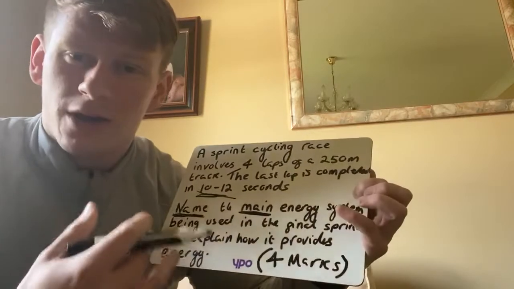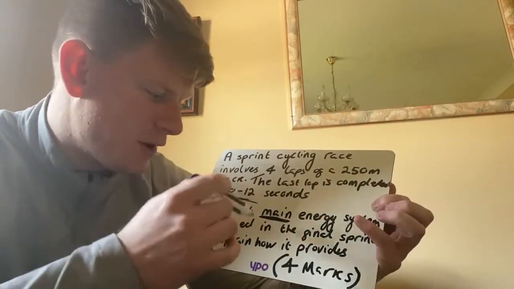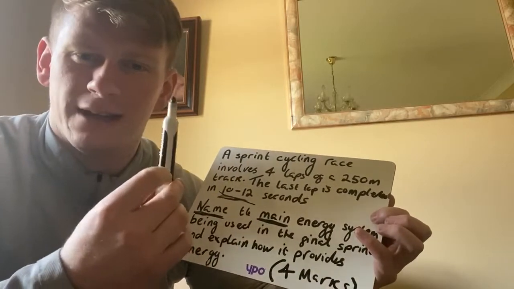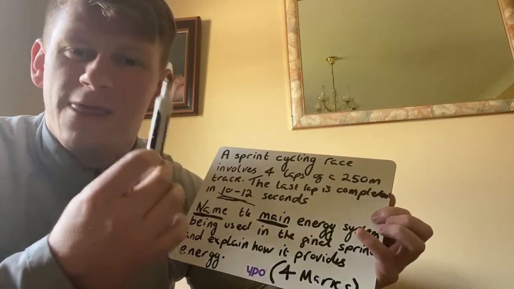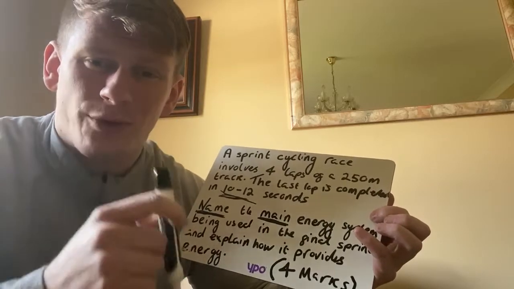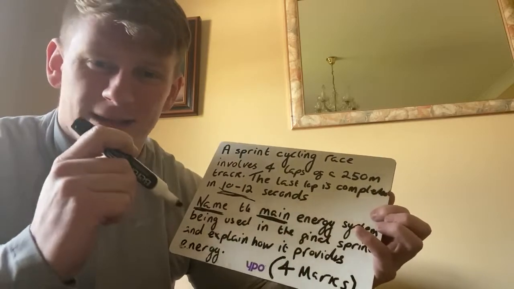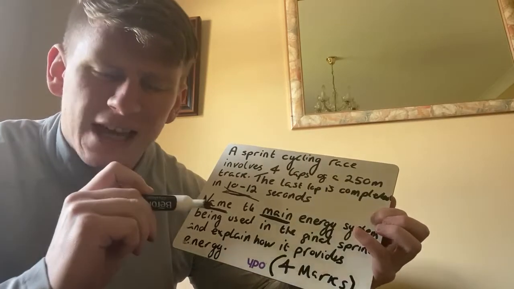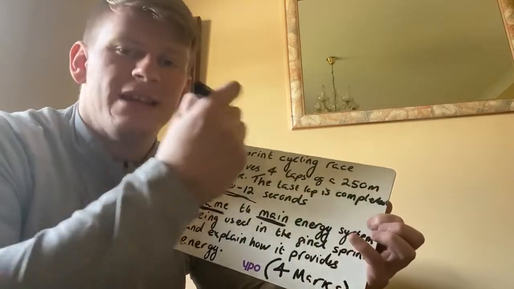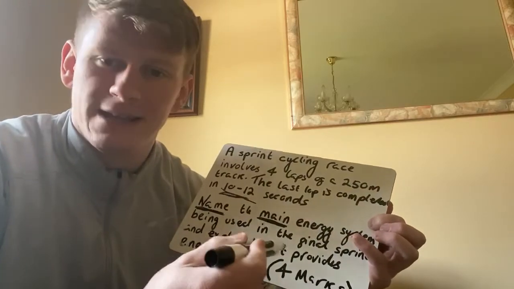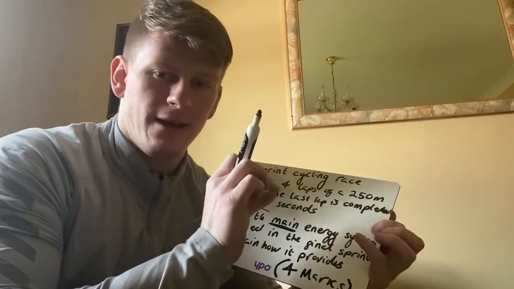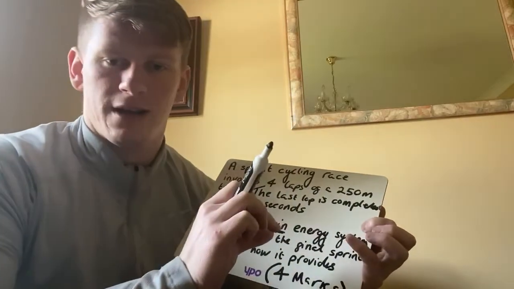This occurs through, firstly, creatine kinase detecting high levels of ADP in the muscle. Therefore, it breaks down PC into P plus C plus energy. This energy is used to resynthesize ATP through ADP plus P plus the energy.